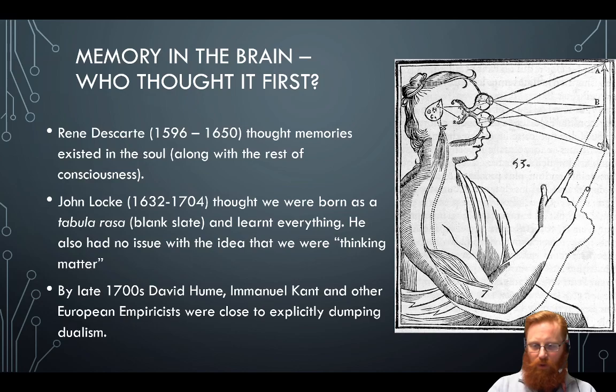So in the late 1700s, there were a lot of the so-called empiricists who basically, if you couldn't test it, if you couldn't put your hands on it, you shouldn't really start thinking about it. And so David Hume and Immanuel Kant were very close to explicitly dumping dualism, the idea that there was a sort of a mind that existed in a way independent from the body and brain.